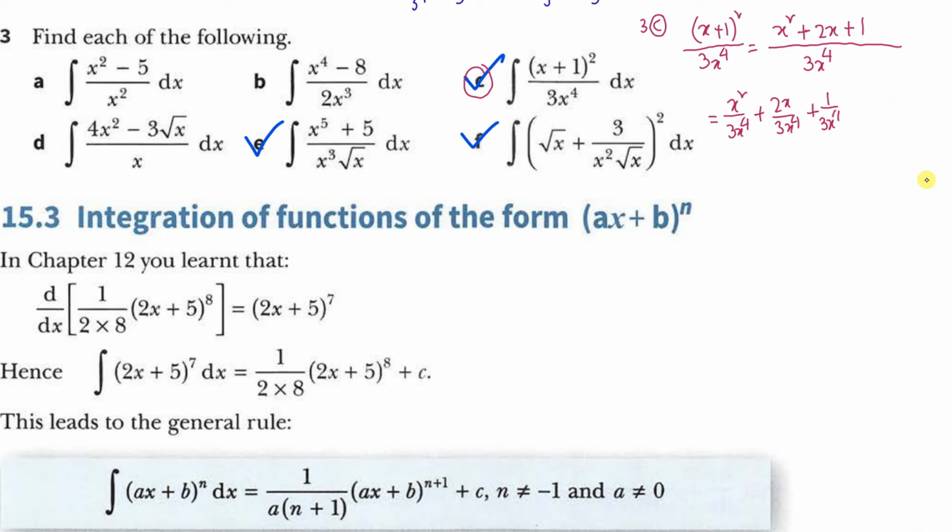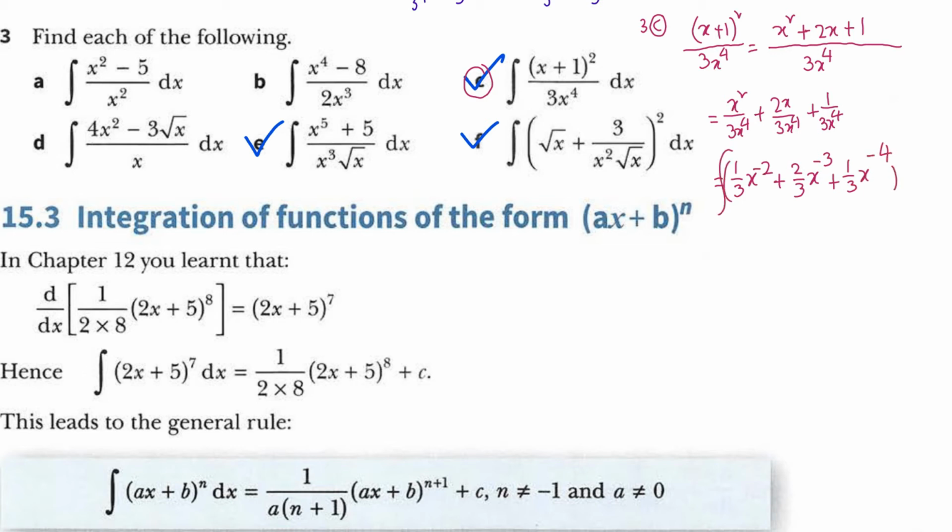If we simplify, we can write it 1 by 3 x to the power minus 2, because we need to keep x up to do the integration. 2 minus 4, which is minus 2. The next term is 2 by 3, make x separate, x 1 minus 4, which is minus 3. And the last one you can write 1 by 3 x to the power minus 4. Now it is possible to integrate.